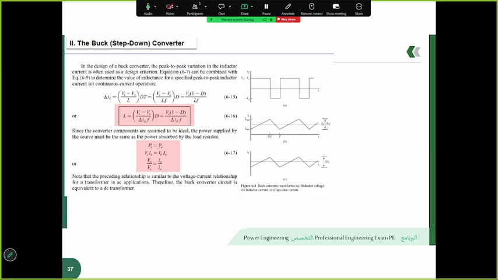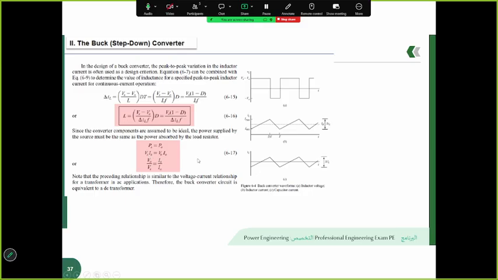Next, this slide emphasizes power balance. Since the converter is assumed to be ideal, with no losses, the input power equals the output power, and equation 6.17 shows this equality. Ps is equal to Po, Vs Is is equal to Vo Io.